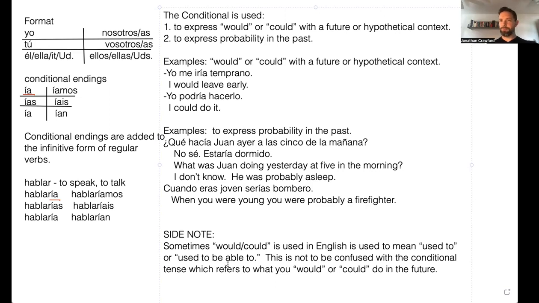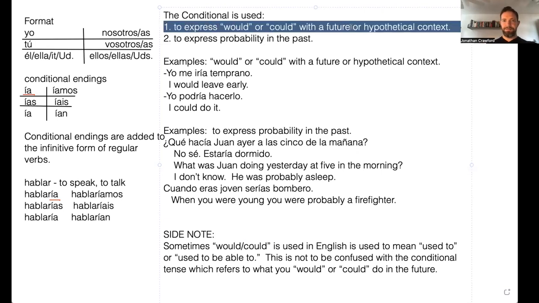Or I used to be able to do that no problem. And so colloquially, depending on where you live and how you speak your English, would and could can be referring to the past preterite or imperfect, which we've done other videos on. So that's not the would or could we're talking about when we're talking about the conditional. The conditional is used with a future or hypothetical context.